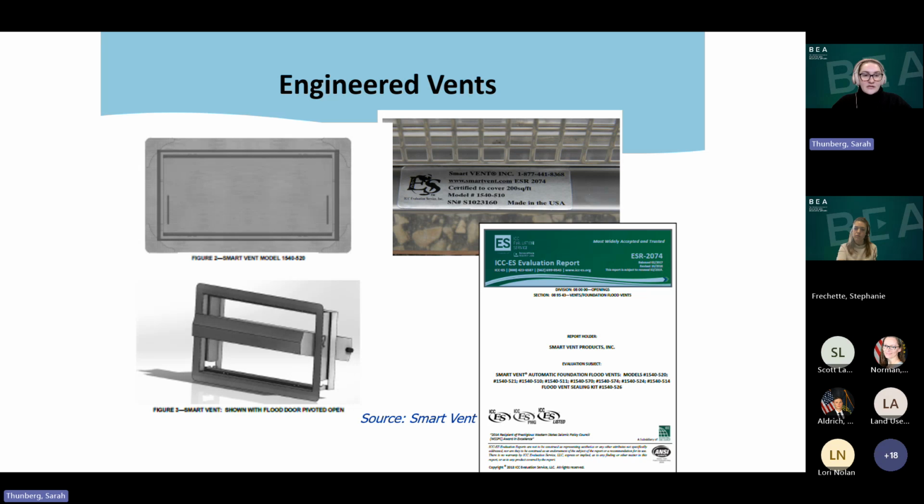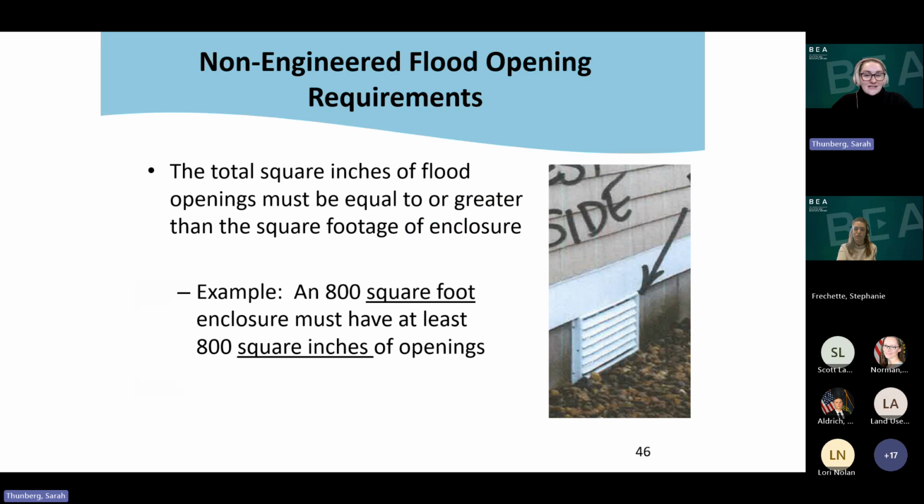Here's an example of what the engineered vents look like. They come with a certification, and they tend to be pretty robust, but they automatically open as soon as the pressure gets to a certain amount. Now, the non-engineered flood openings, they look like this, or they can look like this. And essentially, these just have to meet the requirements of the square footage to square inch requirement.